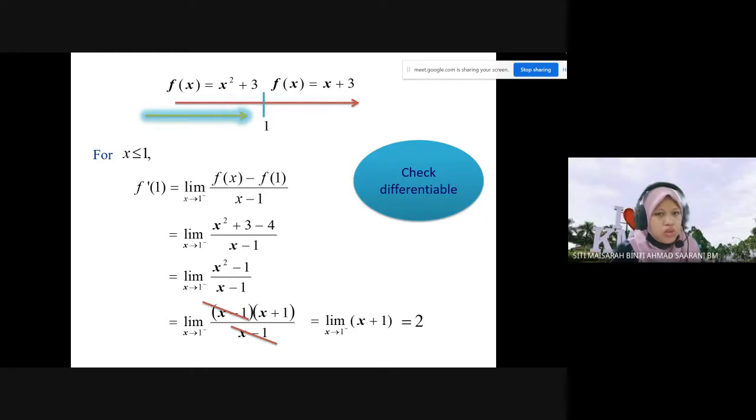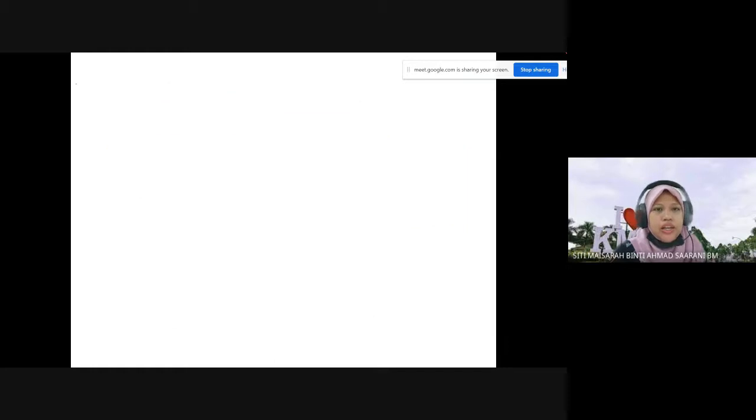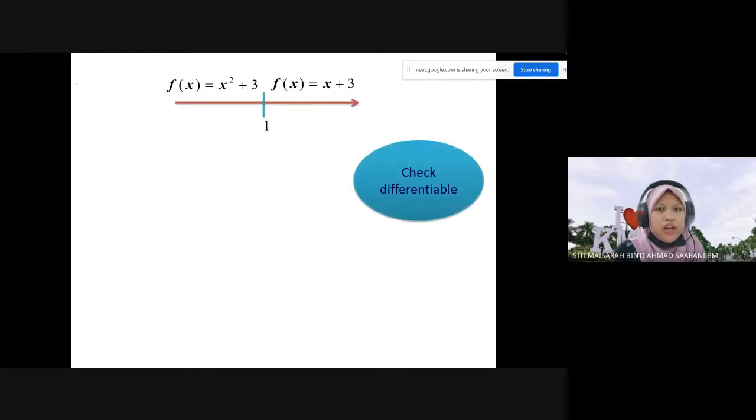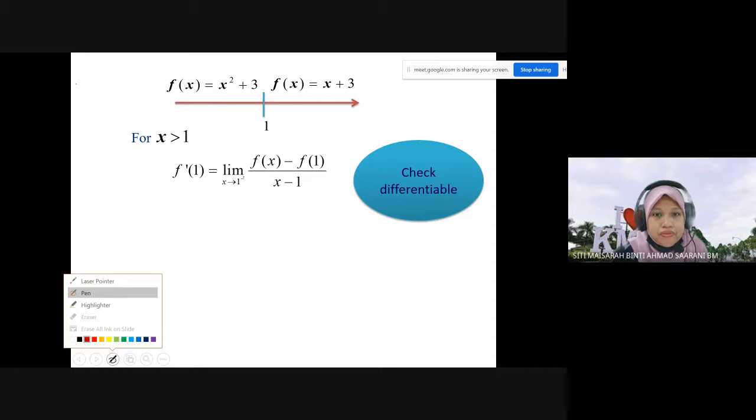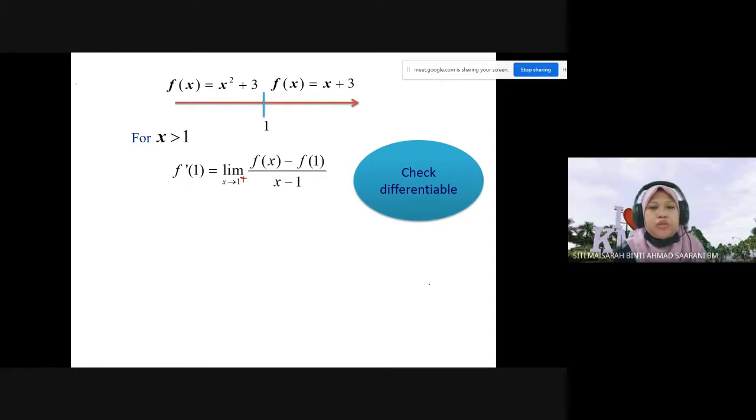Okay. So untuk sebelah kiri kita dapat 2. Then untuk sebelah kanan pula f prime 1 from right, limit x approach 1 from right, fx minus f1 over x minus 1.